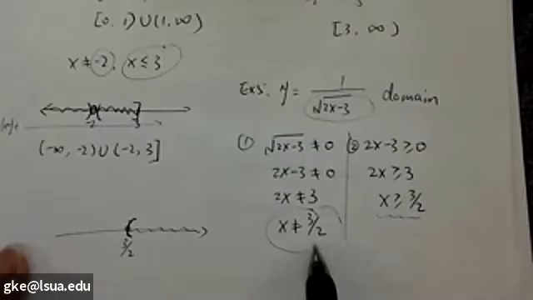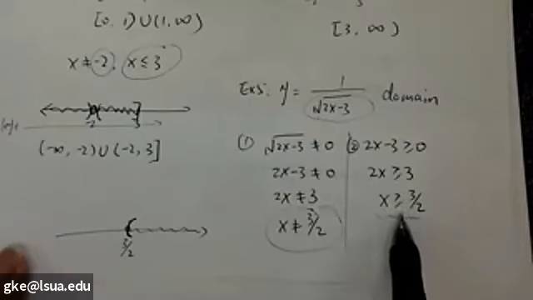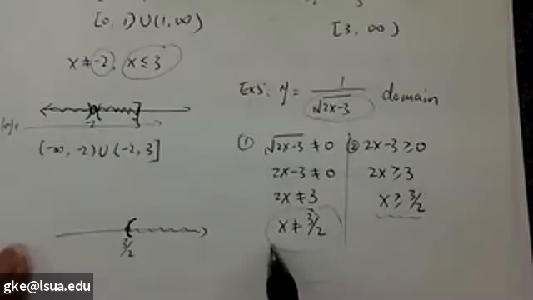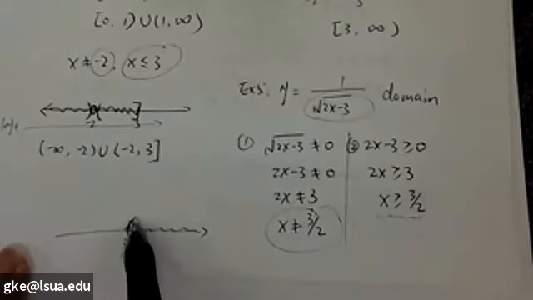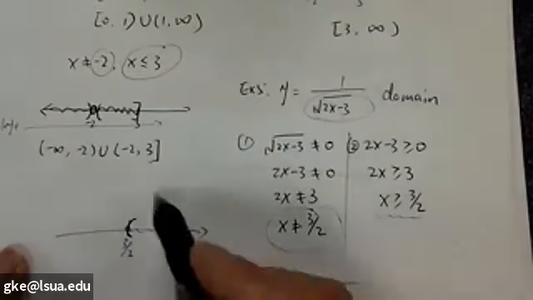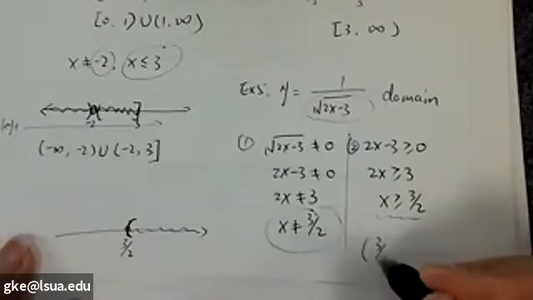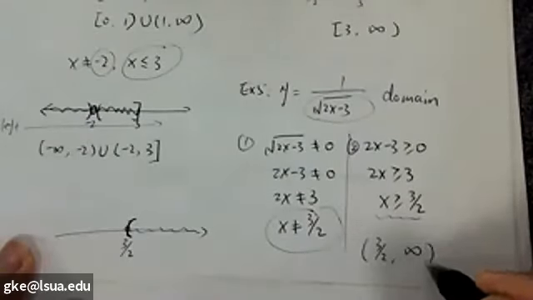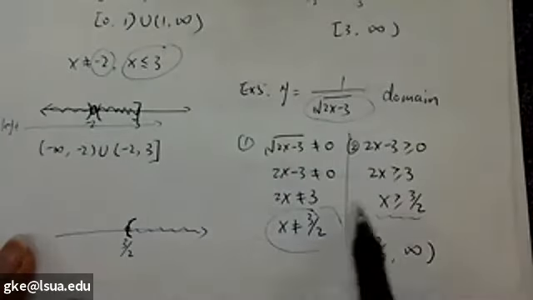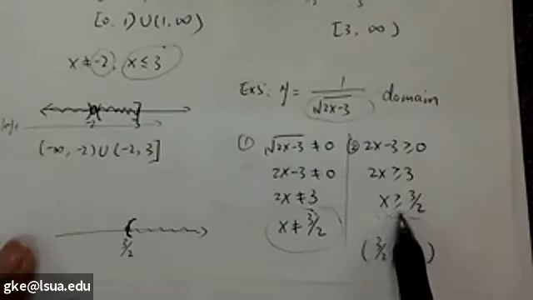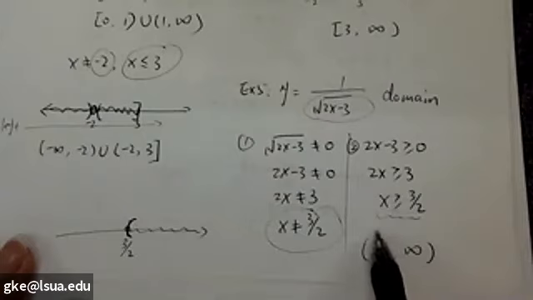Although this one included 3/2, here it tells you it's not included. So we just remove the equal sign, and it's gonna be 3/2 to infinity. Previously, we included the value 3/2, that means square bracket.